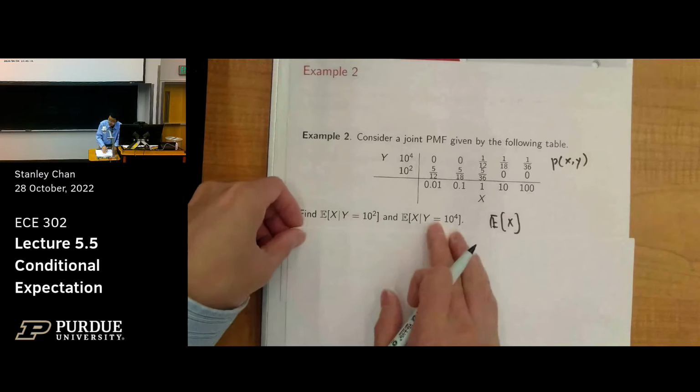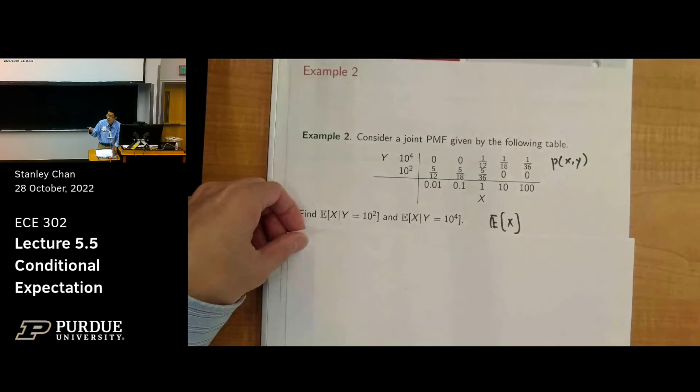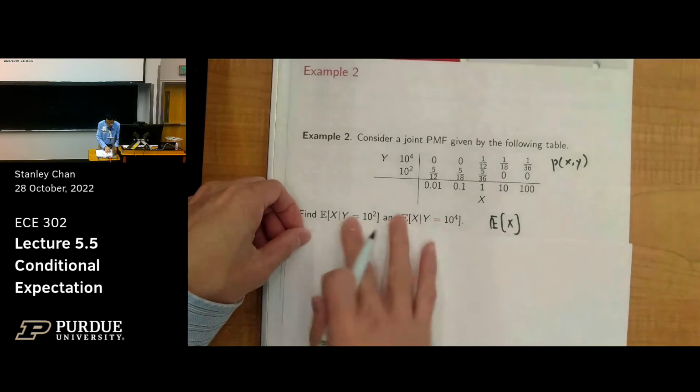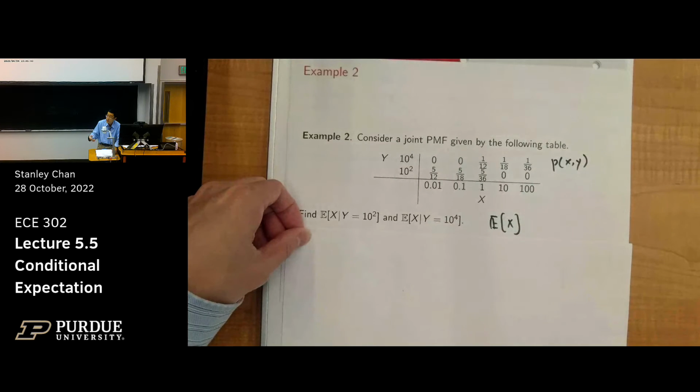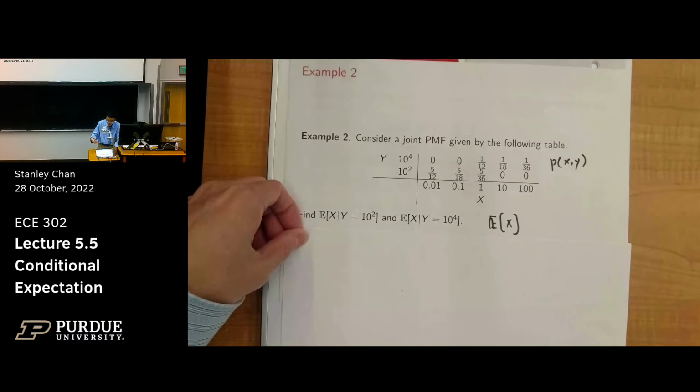Well, these two expectations can be found by finding the conditional distributions and then taking the summation. And once you have these two, to get this expectation, just do what we call the law of total probability, right? So you decompose it into 2 halves, and each one has a different probability.